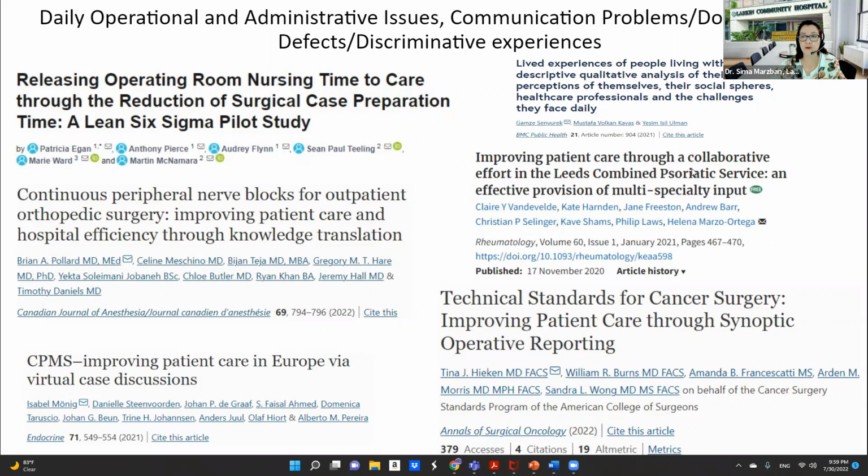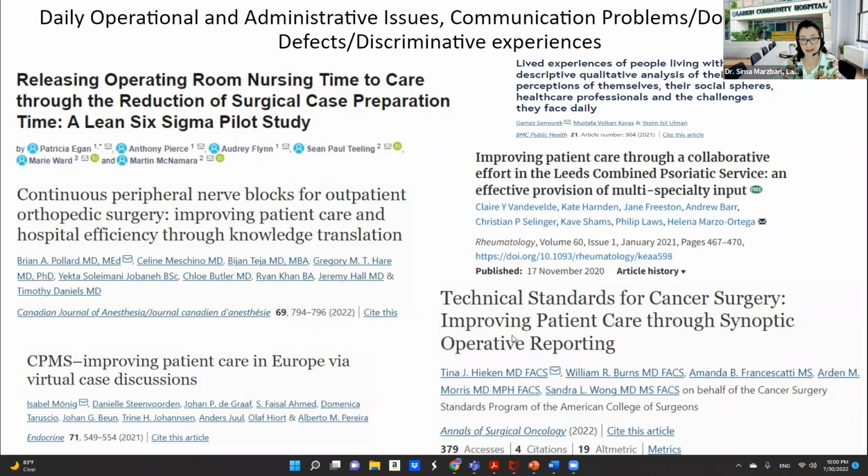Improving patient care through a collaborative effort in the combined geriatric service, an effective provision of multi-specialty input. So you see that the researcher team recognized and realized an issue for a specific medical disease, and then they provided a solution for that issue.